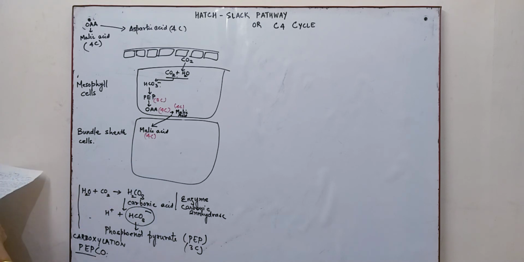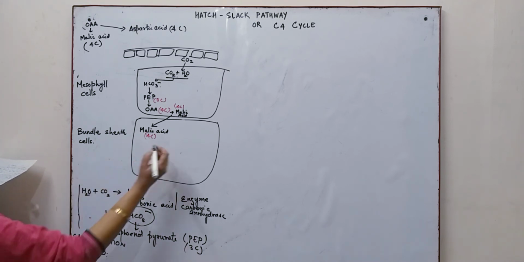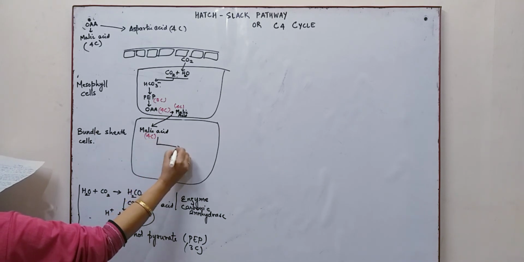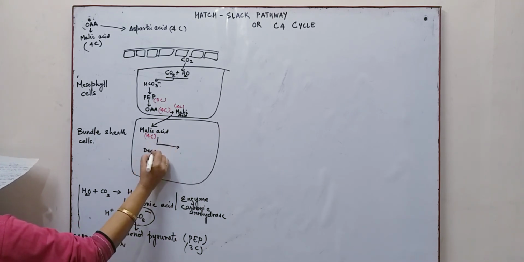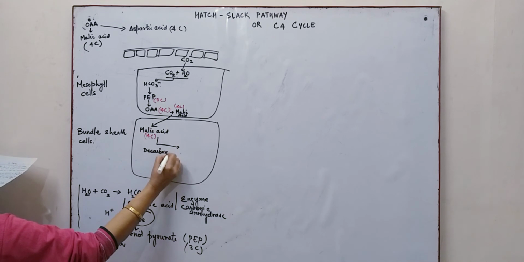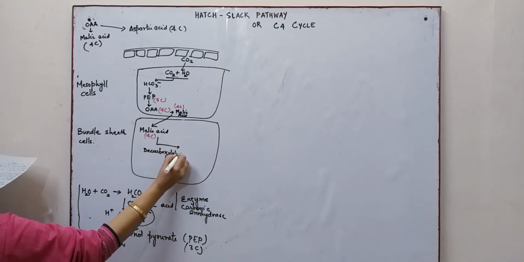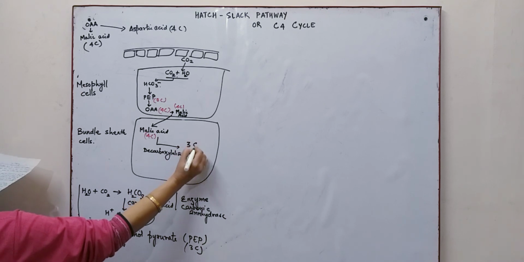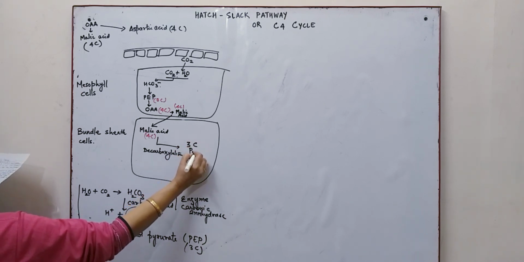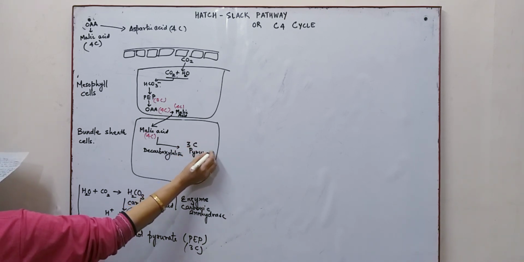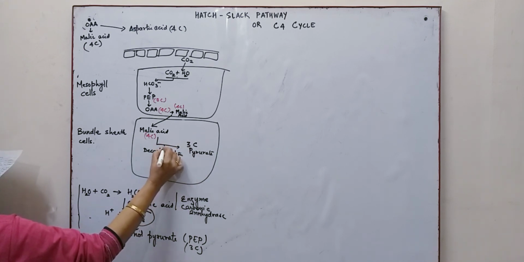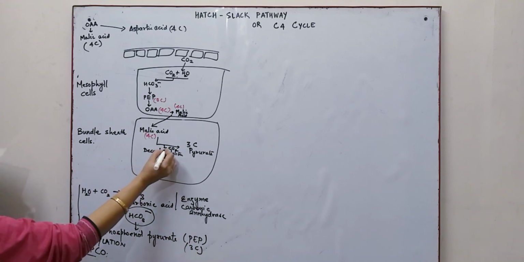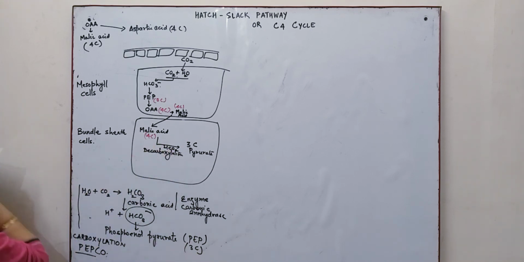So this malic acid undergoes decarboxylation over here, produces a 3-carbon compound which is known as pyruvate, and 1 CO2 is released.